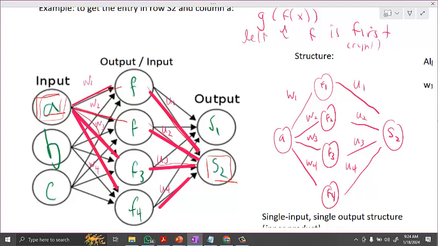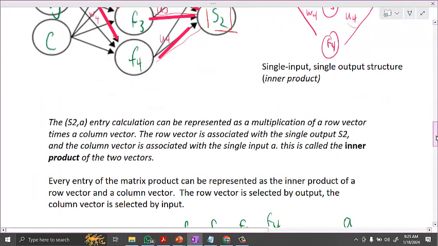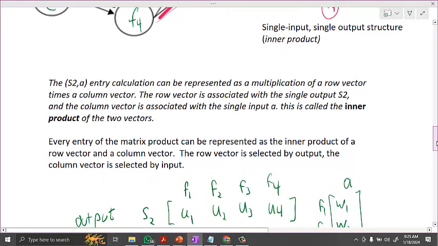Okay? So I have these four numbers here for these four edges, W1, W2, W3, W4, U1, U2, U3, U4, and I'm going to multiply W1 times U1, W2 times U2, W3 times U3, W4 times U4, and add them together. All right, so you can see that this is the same thing as matrix multiplication.